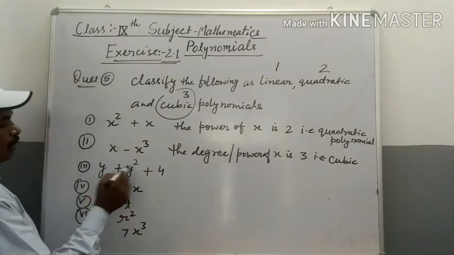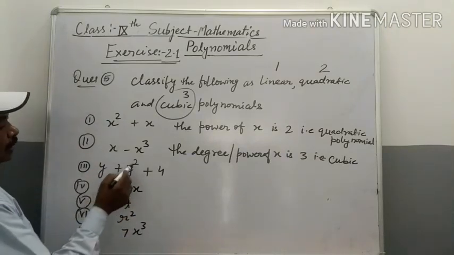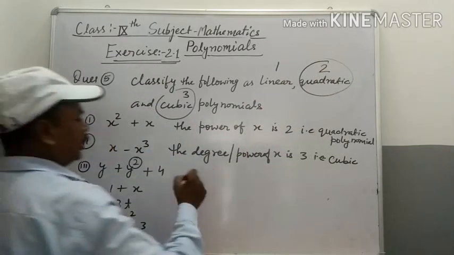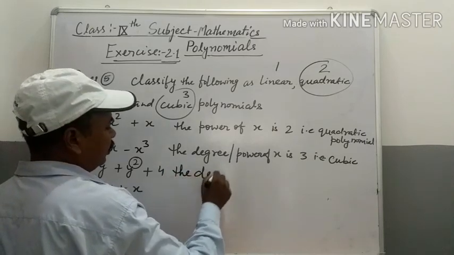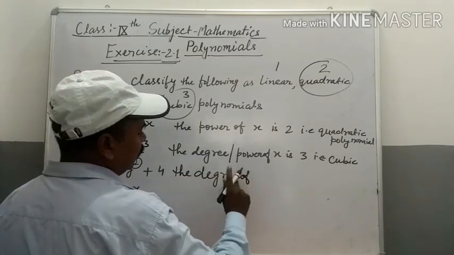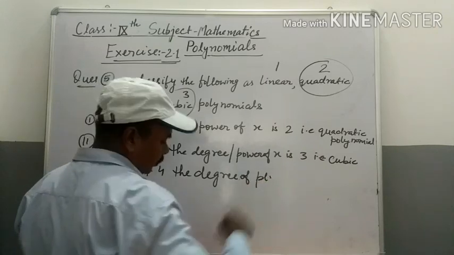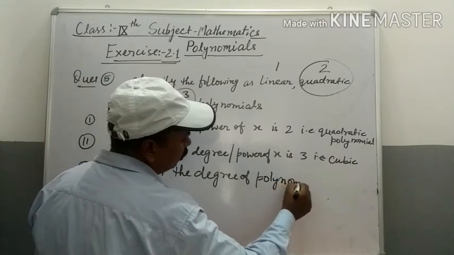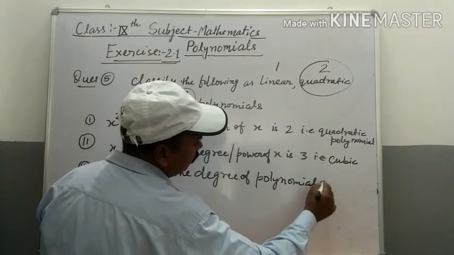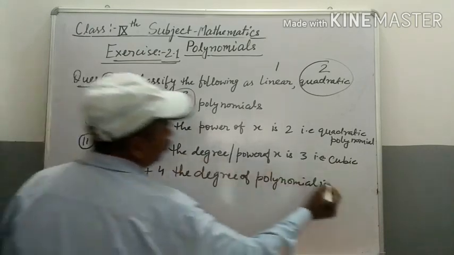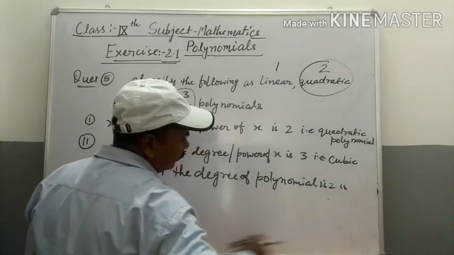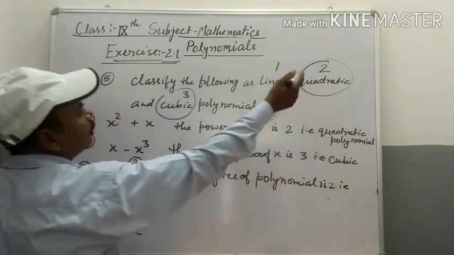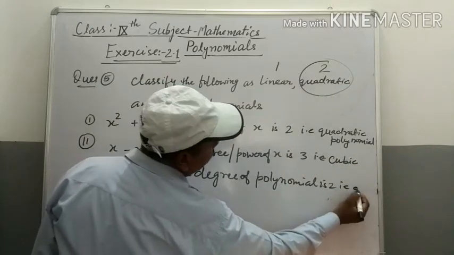Now students, here the highest power of the polynomial is 2, students, and the power 2, that is quadratic. The degree of polynomial is 2, that is, students, already classified, a degree of polynomial 2, that is quadratic.